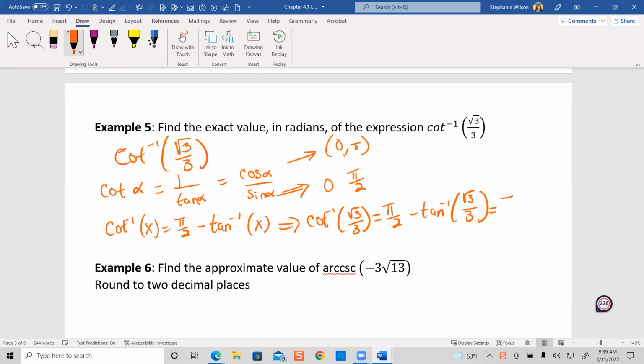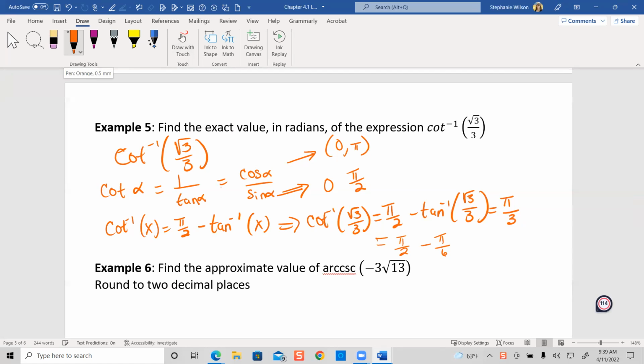And then we're going to calculate it out. And what do we get? We get pi/3. And if you need to check, type in your calculator the tangent inverse of square root of 3/3. And I'll skip this part, and I want to plug it in right quick. We get this. All right.